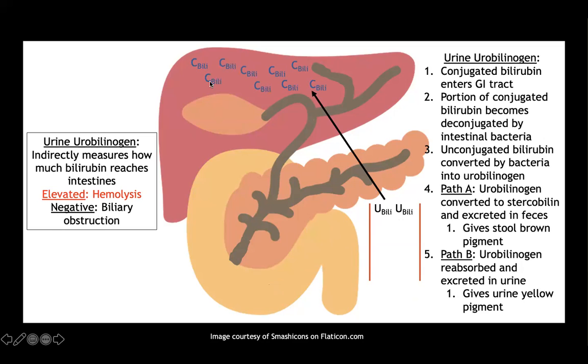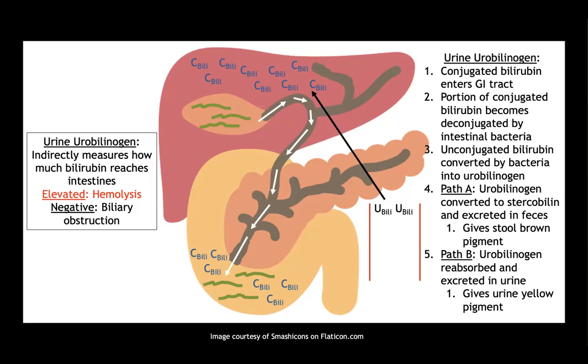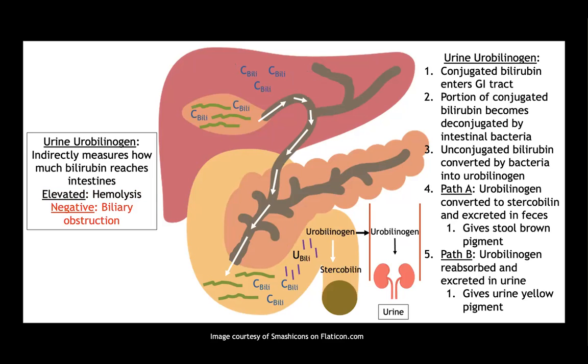It's probably overworked, but it's doing the best it can at trying to conjugate some of those compounds and get rid of them too. So it's throwing all that bilirubin into your GI tract. And if you have all this bilirubin in your GI tract, some portion of it will end up being converted into urobilinogen and into your bloodstream, and subsequently into the urine, creating a high level of urine urobilinogen in hemolysis.